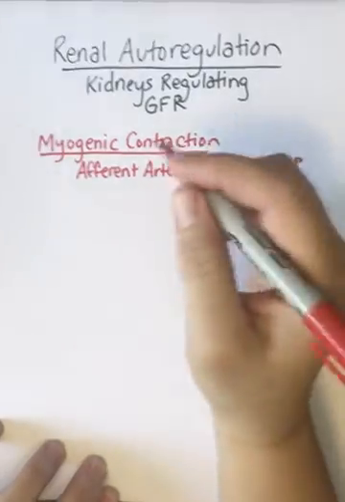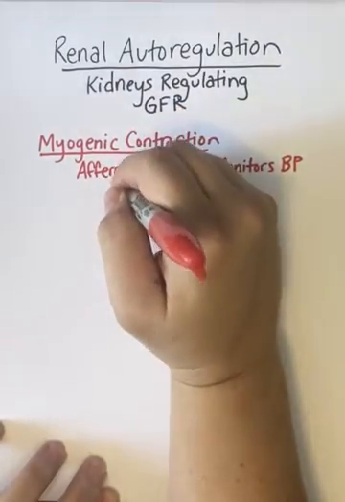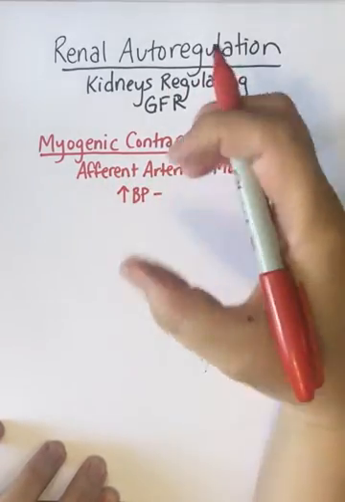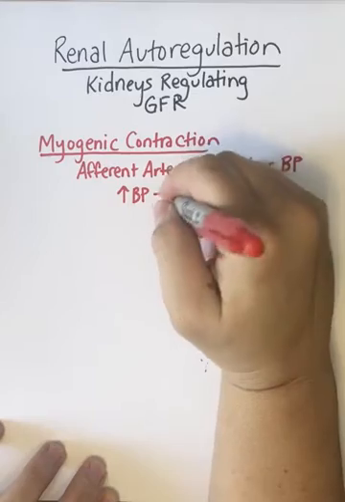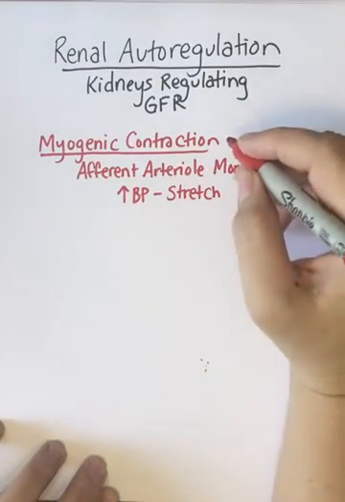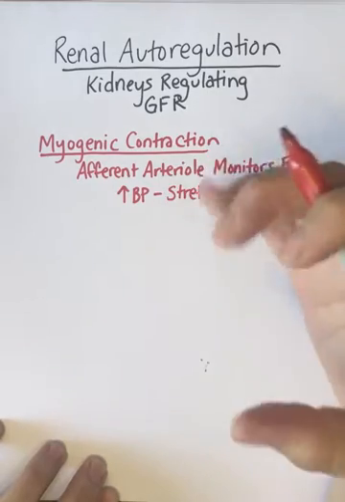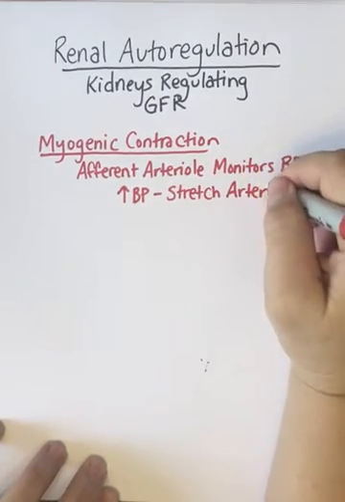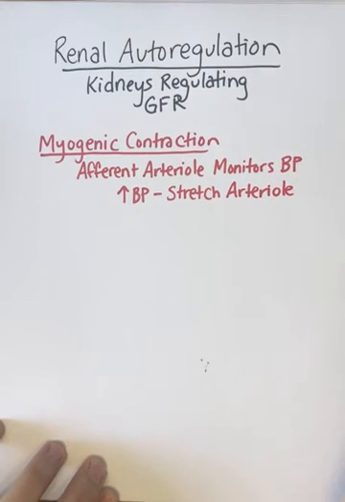So whenever you have increased blood pressure, this is going to stretch the afferent arterioles out. And your body says, oh, you have really high blood pressure.